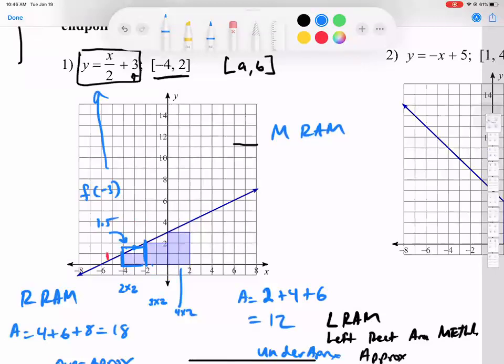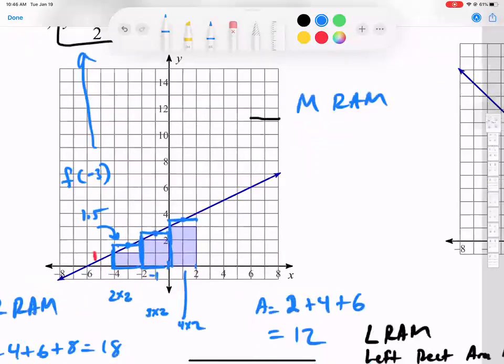Looking at the next interval, what's the mid value here? Well, at -1, this mid value here, that would be my next midpoint approximation. Over here between 0 and 2, that would be at 1. And take a look at it, it's almost like it's the best of both worlds.